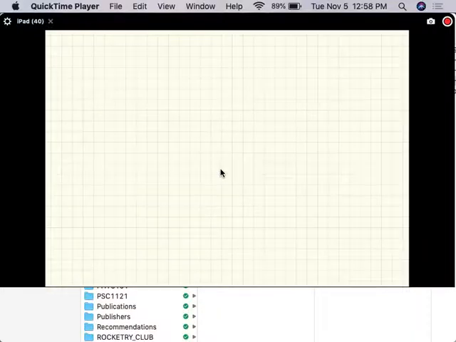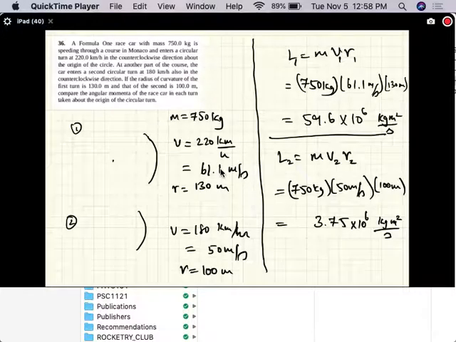Let's calculate another thing. What we'll do is calculate the centripetal acceleration in each case. For the first one, we both got 5.9 to the power of 6.